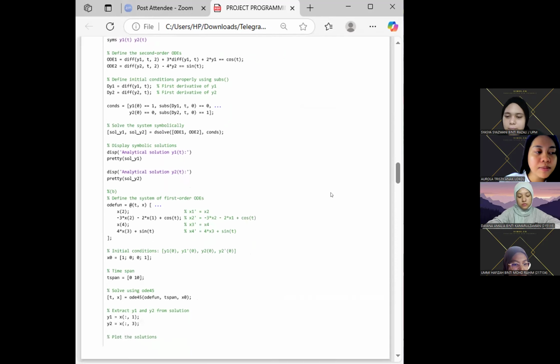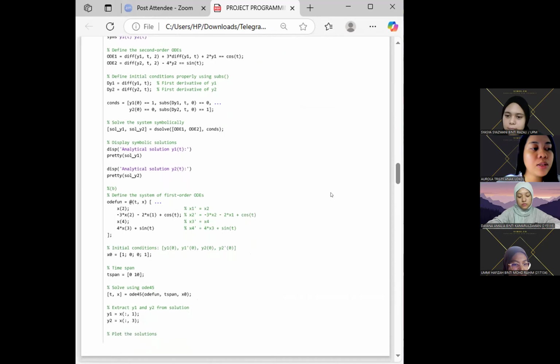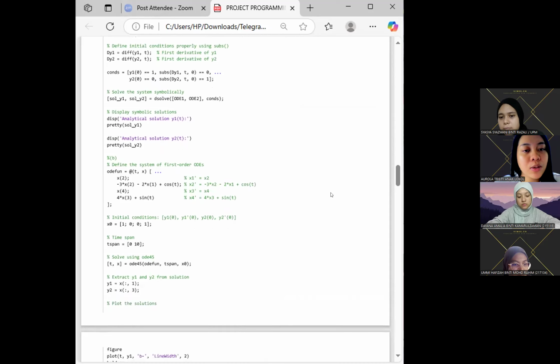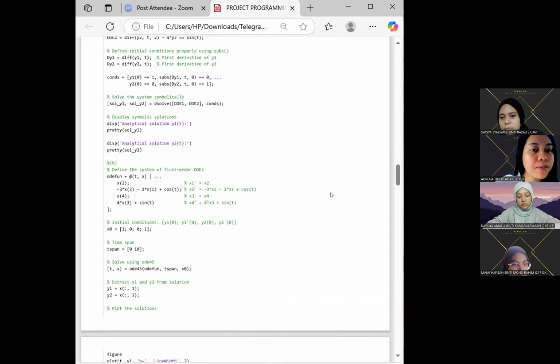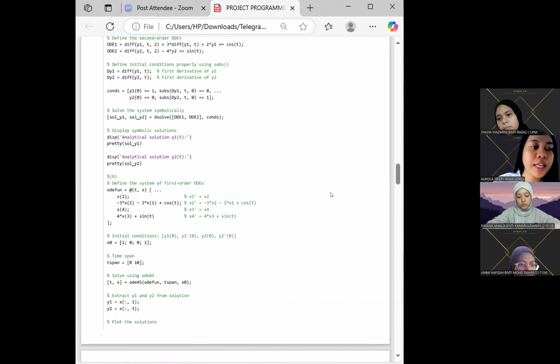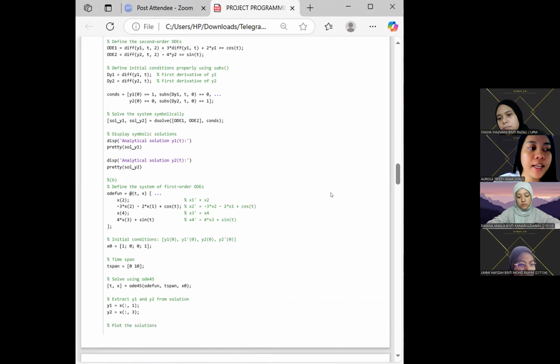So the system becomes x1 prime equals x2, x2 prime equals negative 3x2 minus 2x1 plus cos t, x3 prime equals x4, x4 prime equals 4x3 plus sin t. We define this system in a function handle called odefun.